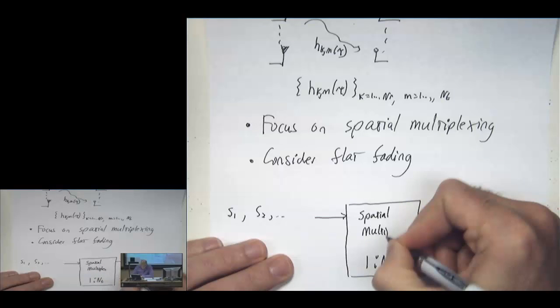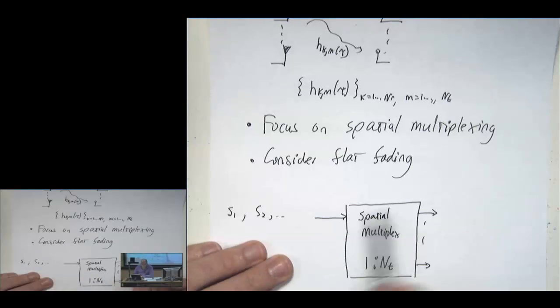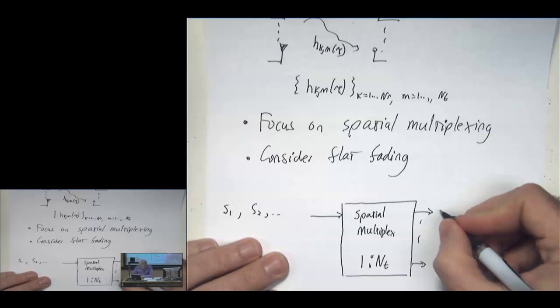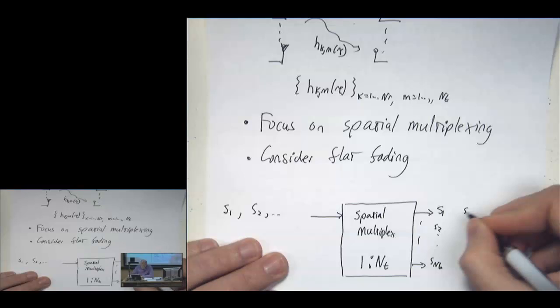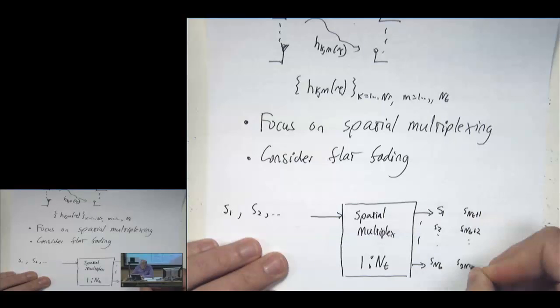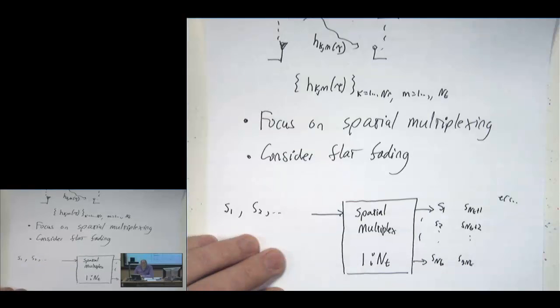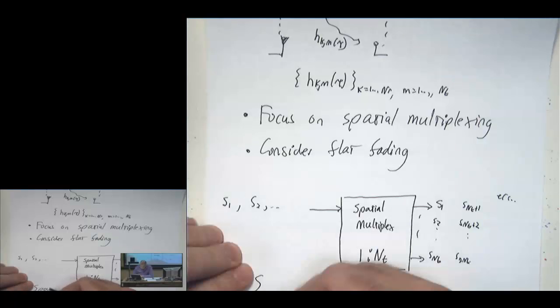What that serial to parallel converter does is it takes these symbols and reorders them. So we get S1, S2 through S_NT, and then we get S_(NT+1), S_(NT+2), and so on through S_(2NT), etc. And this is the spatial multiplexing idea.